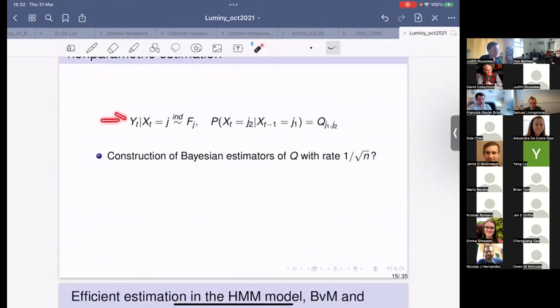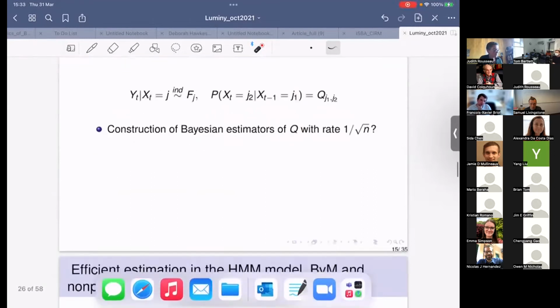So recall that you observe y, y_t given x_t equals j follows F_j, which is unknown, and the transition matrix, which is the probability of x_t given x_{t-1}, is Q and is also unknown, but the number of states is known. So we want to construct a prior such that we get estimators of Q which converge at the rate 1 over square root of n.